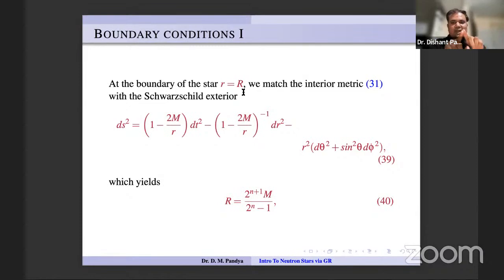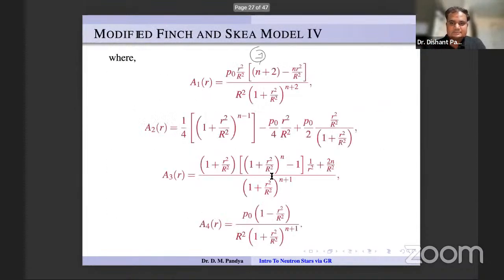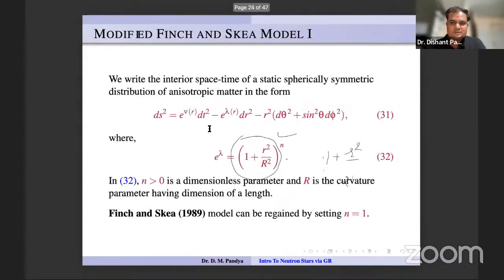So there will be a smooth matching from interior to exterior. That is the reason I am writing equation number 39, the Schwarzschild exterior metric, and comparing it with the metric that I obtained, equation number 31.